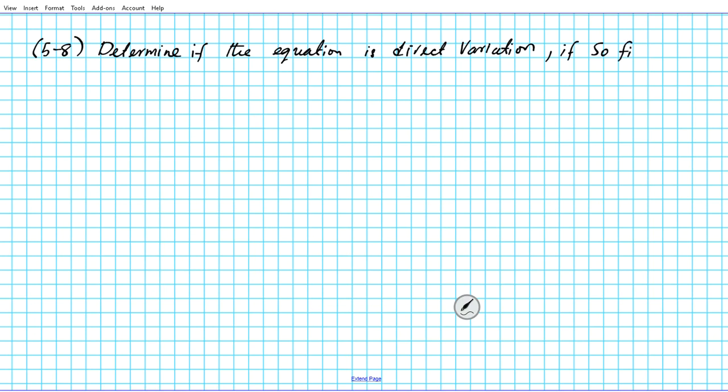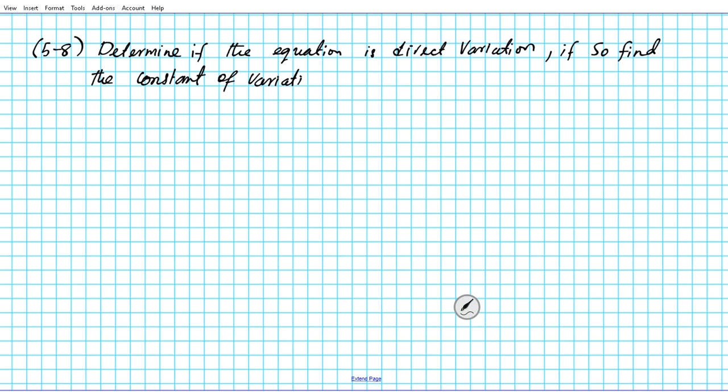So for 5 through 8, we're to determine if the equation is a direct variation. If so, find what? Find the constant of variation.